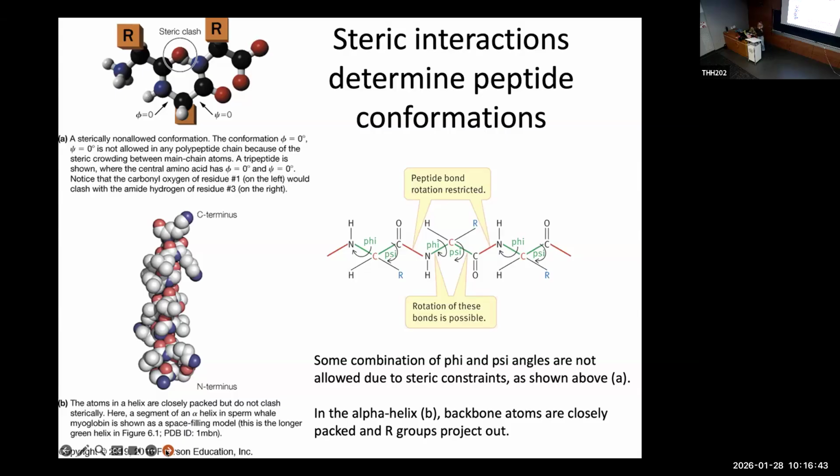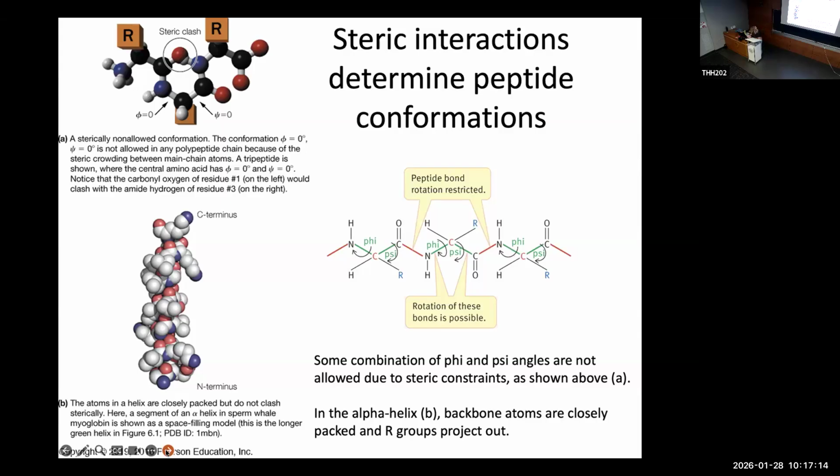The peptide bond doesn't rotate, but in the backbone of a peptide, the bonds between the N and the alpha carbon, and between the alpha carbon and the carbonyl carbon, do rotate. Those are called the phi and psi angles. Those can rotate, and that allows all these proteins to fold up into the various structures that we're seeing here.